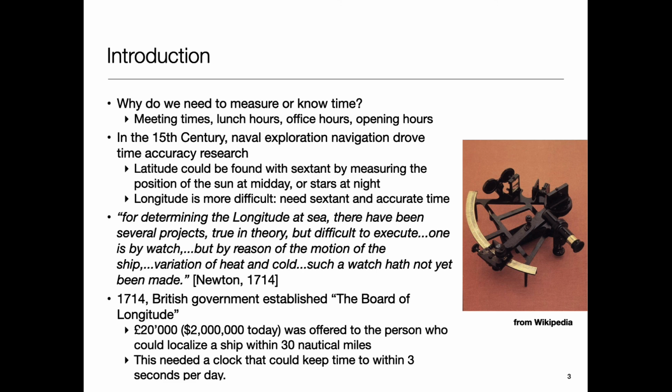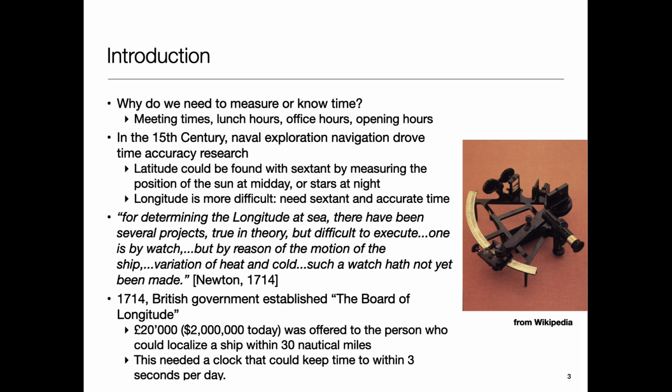If you think about how latitude can be measured relatively easily by measuring the angle above the horizon of, let's say, the North Star, that's easy. But longitude, at least the simplest way you can think of doing longitude, requires knowing time.